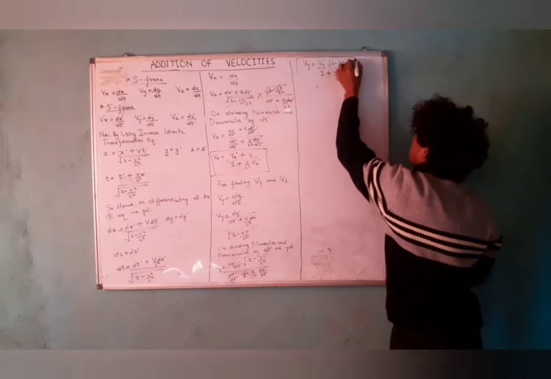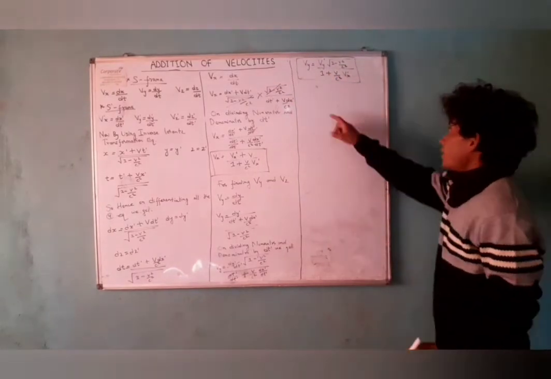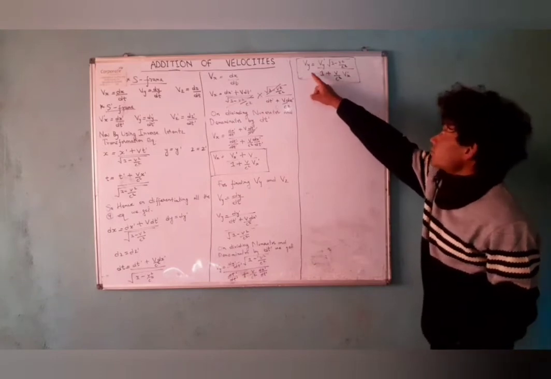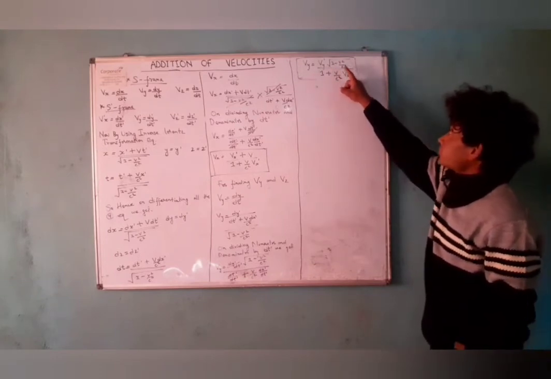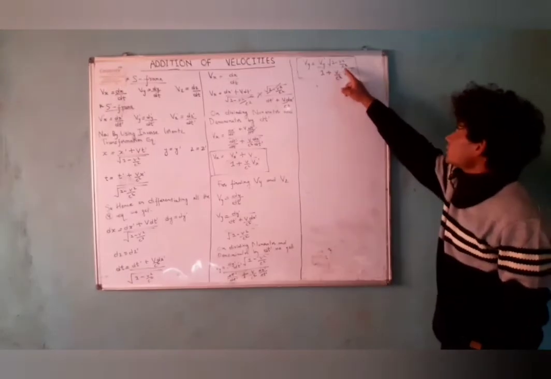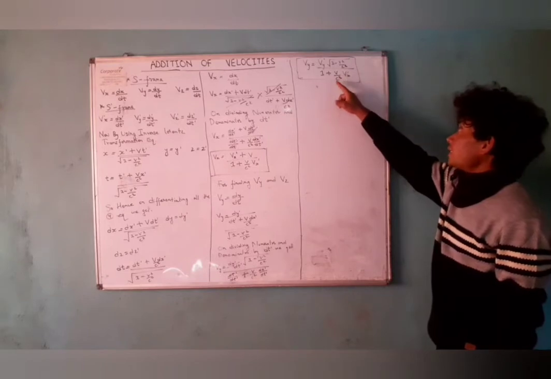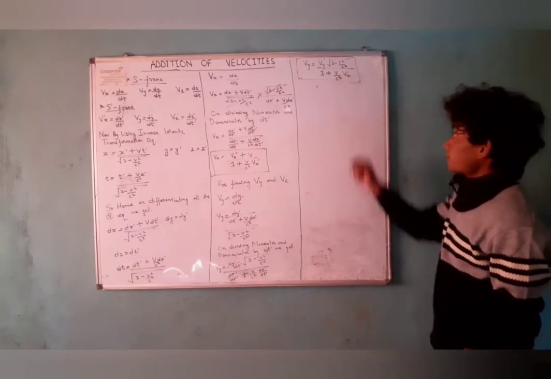So the final formula: we get vy equals to vy prime into root over 1 minus v square by c square, divided by 1 plus v by c square into vx prime.